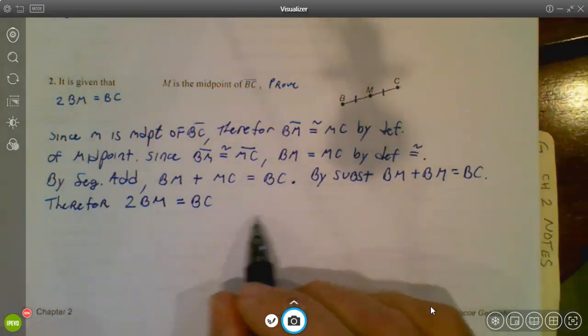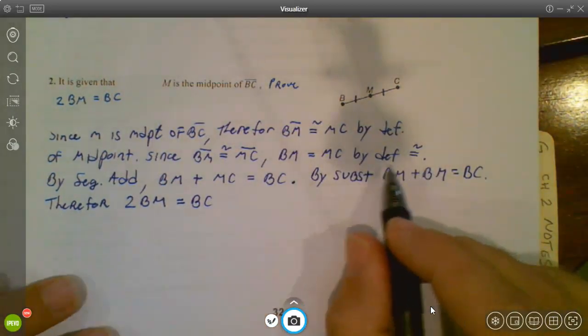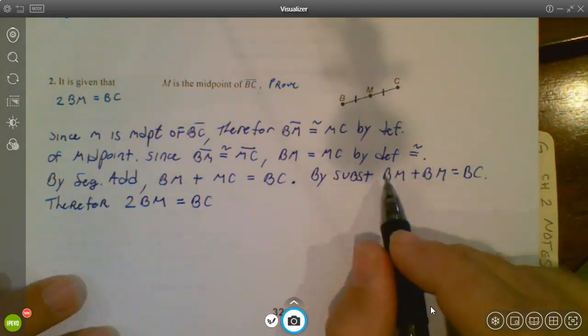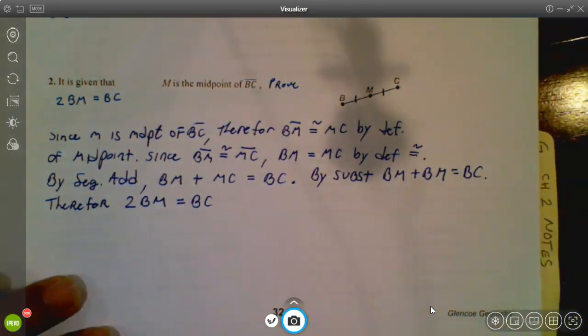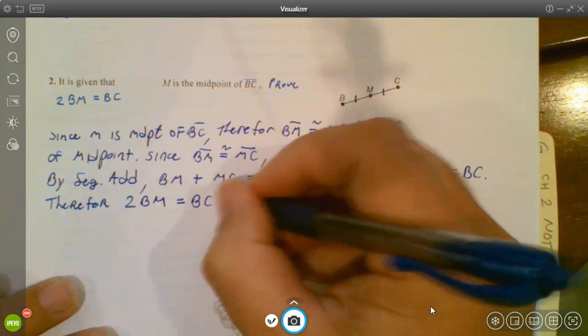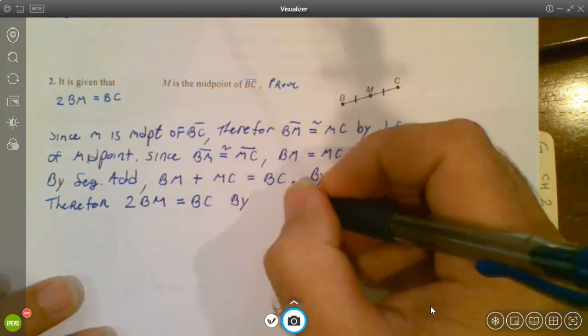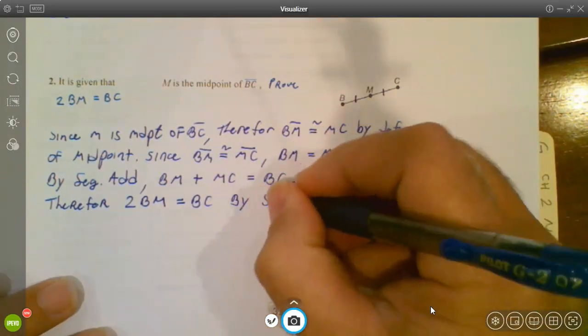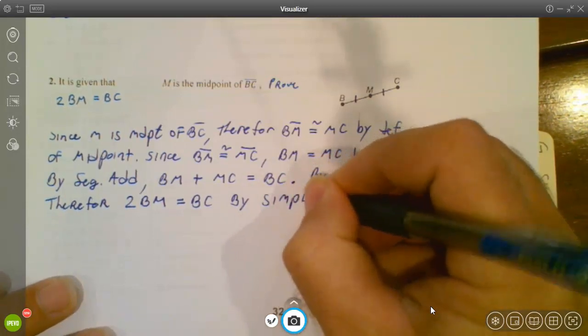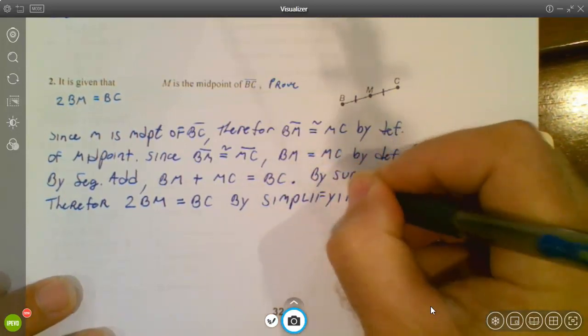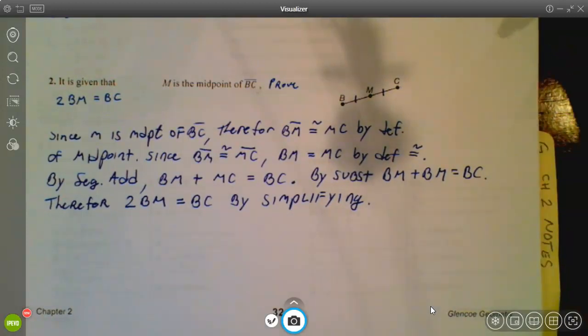And if we wanted to give a reason for that, we would just say something like by simplifying or by combining like terms. And that would be our proof. So I'm trying to use a lot of common ones in here that you're going to run into a bunch, so you can see how they would get used.